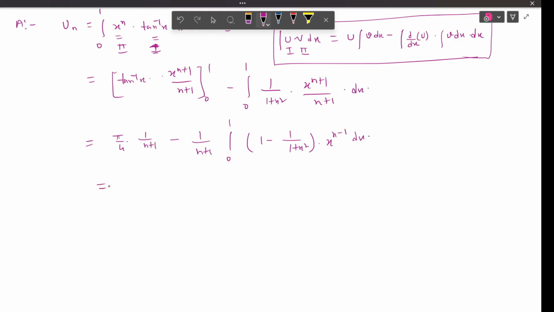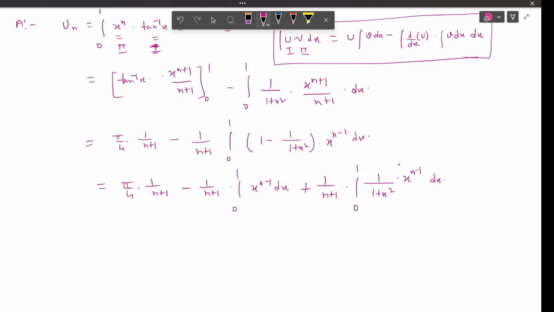Okay. So this will be pi by 4 into 1 by n plus 1 minus 1 by n plus 1 into the integration of 1 into this thing, that is 0 to 1 x to the power n minus 1 dx, minus minus plus, it will be 1 by n plus 1 into the integration from 0 to 1 of 1 by 1 plus x square x to the power n minus 1 dx.